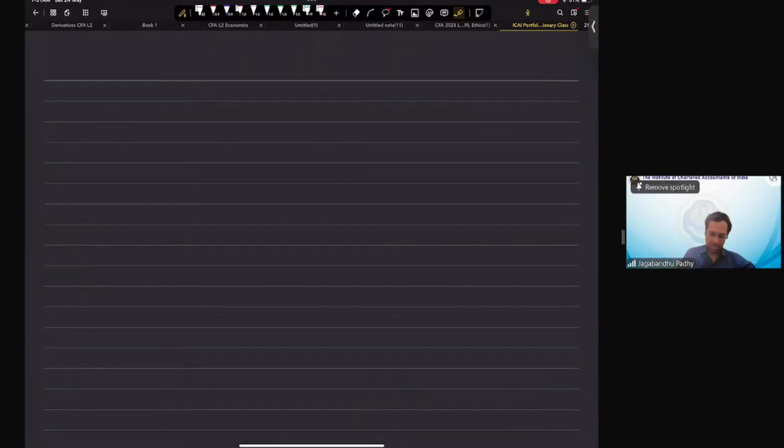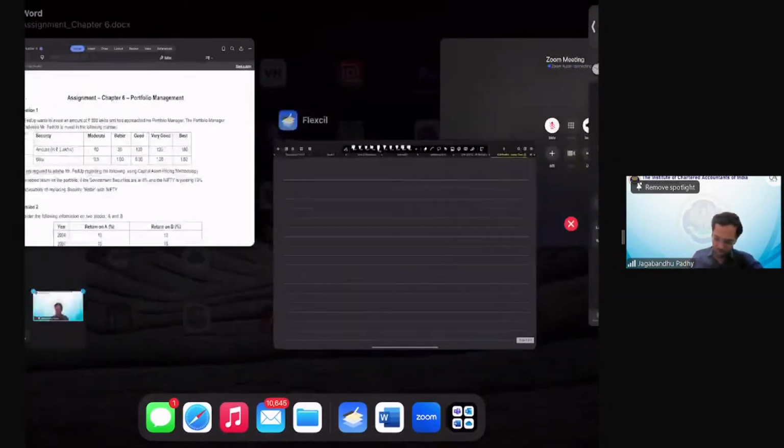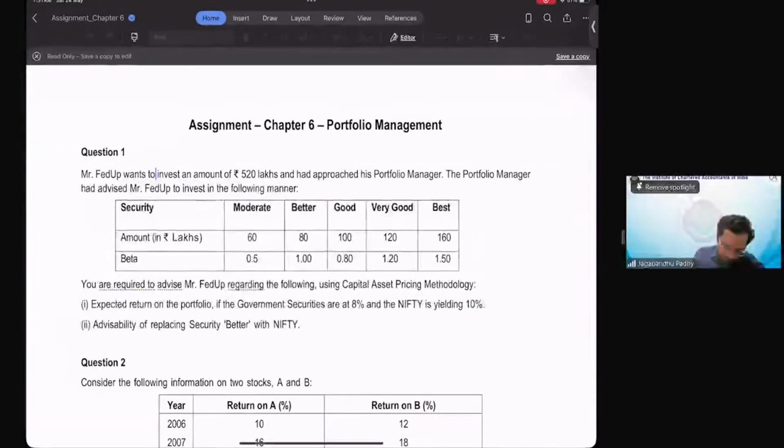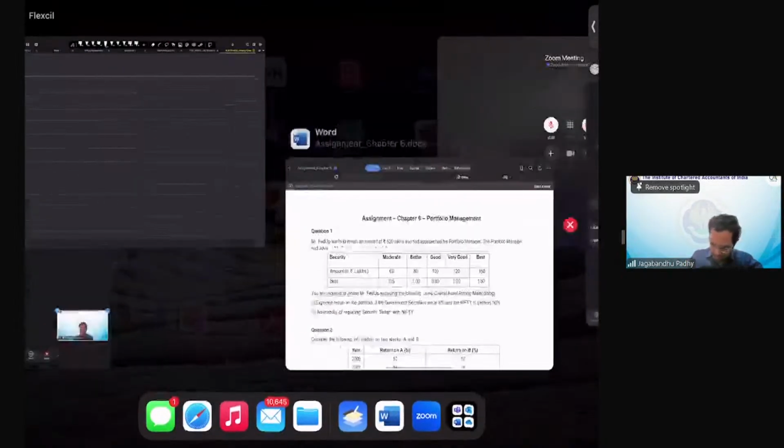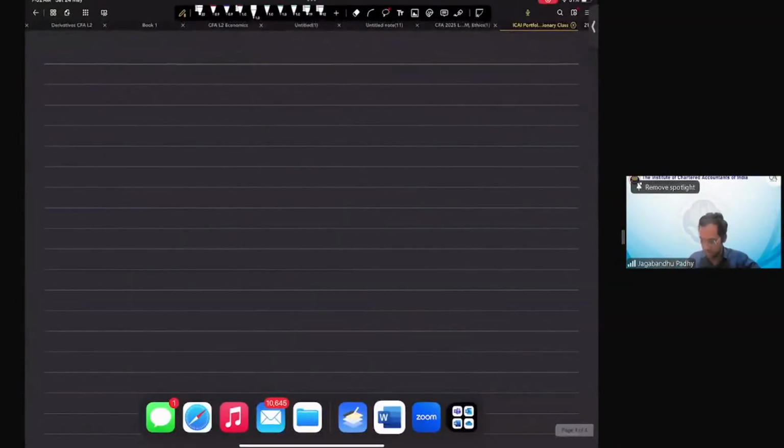So how do we go about calculating the portfolio beta? For that, let me just put up the question. We have these particular numbers. Just place it side by side. You can refer to it again and again.